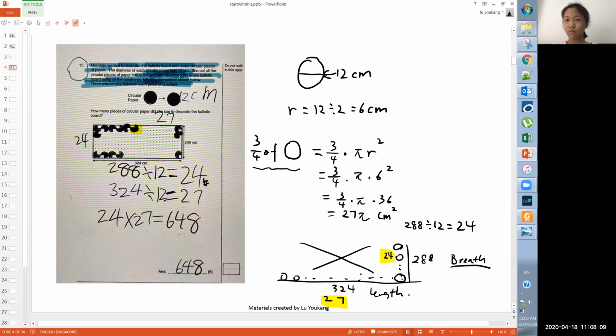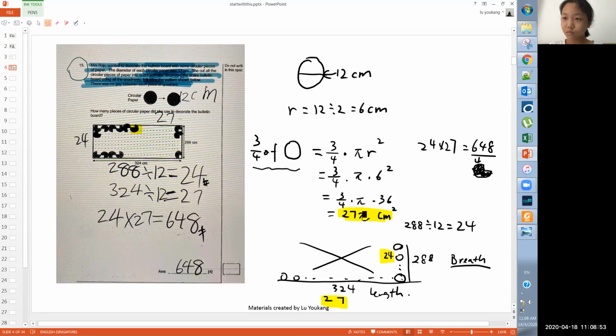You have 24 times 27, right? Of them, right? So once you have 24 times 27, you have 648 pieces of this. Okay, one piece is how much? One piece, the area of it, is 27 pi, right? Yeah. Okay.